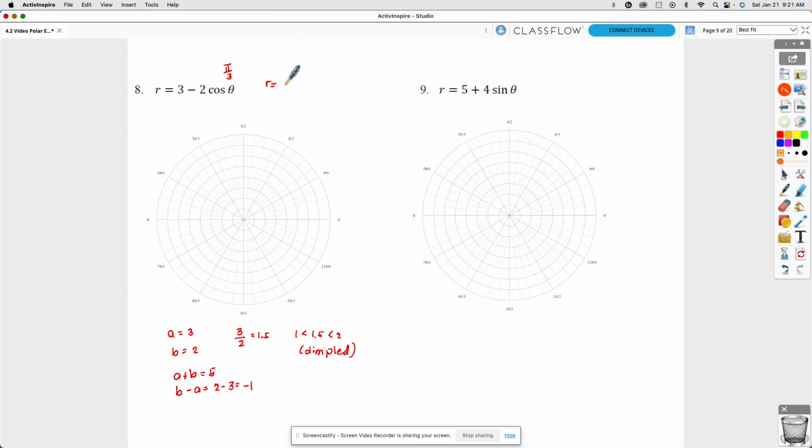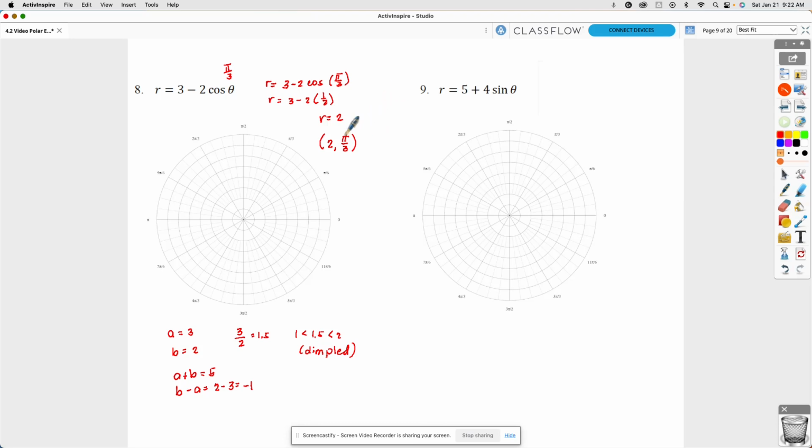To find r, we get 3 minus 2 cosine pi over 3. Cosine pi over 3 is 1/2. So we get 3 minus 2 times 1/2. That's 3 minus 1. So our r is equal to 2. So we have the point r is 2 and pi over 3.